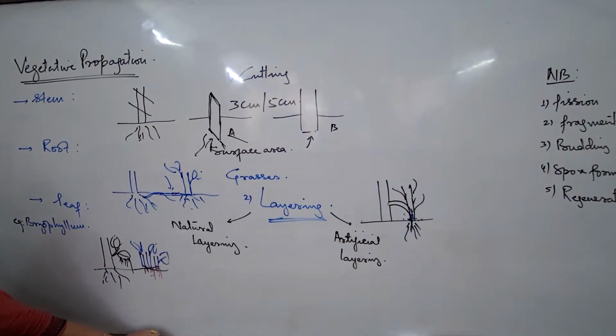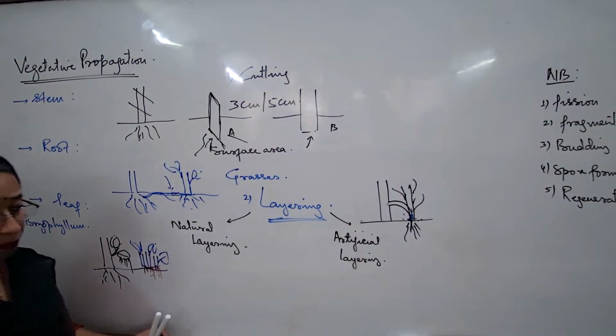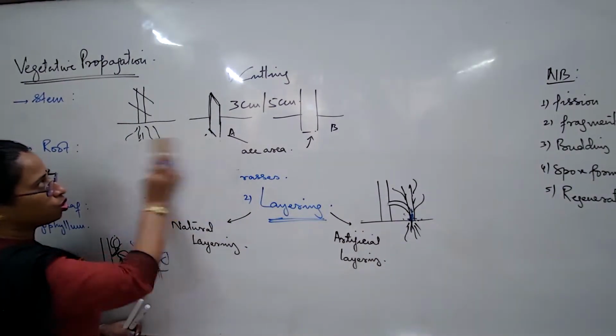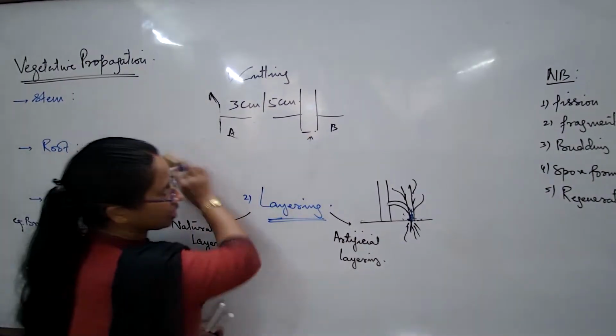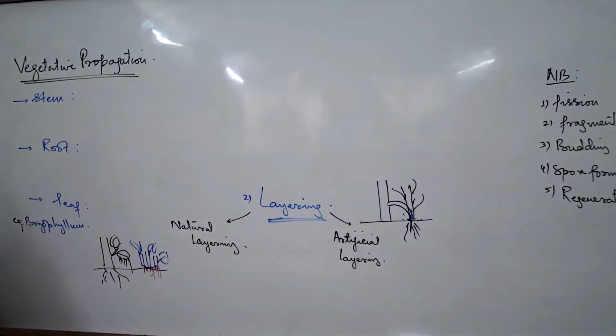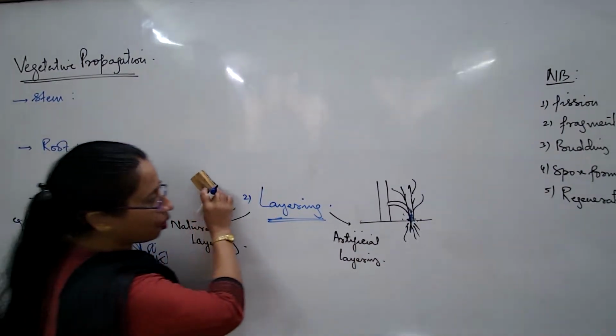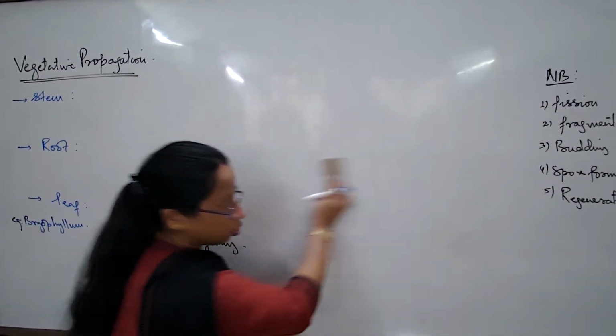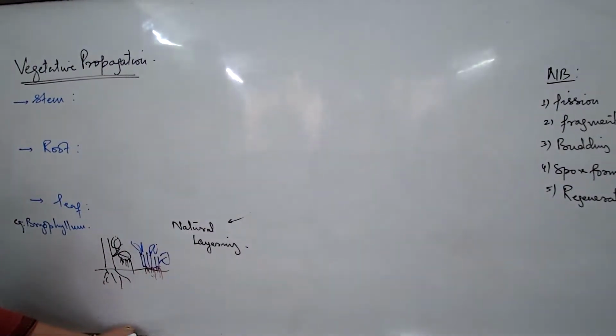Now we talk about the stem part. The stem can also be used to give rise to plants, but new varieties now. We are not talking about the same identical varieties anymore. Now we are talking about methods where the stem can be used to get improved varieties. How?